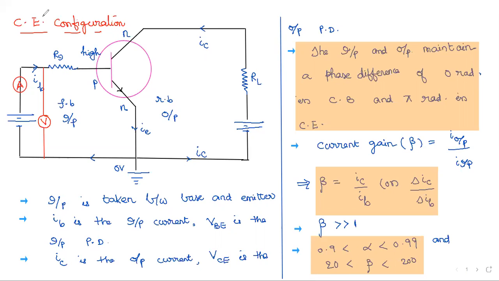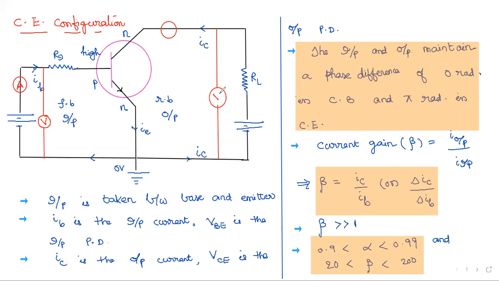In the same way, if you want to measure the current coming to the collector, I connect one ammeter here. And to measure the output, I am connecting the voltmeter in between the battery and RL. And here I take one voltmeter.